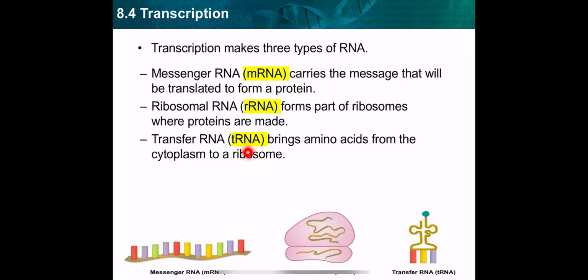So what do you think is the function of tRNA? It's like a truck to carry amino acids. What are amino acids? Amino acids are the monomers for the formation of proteins. Many amino acids linked together form a protein.